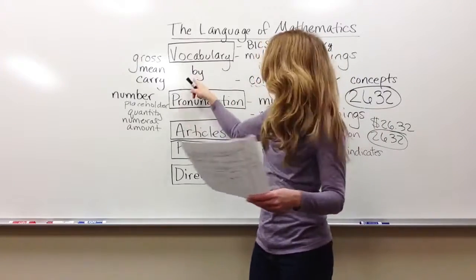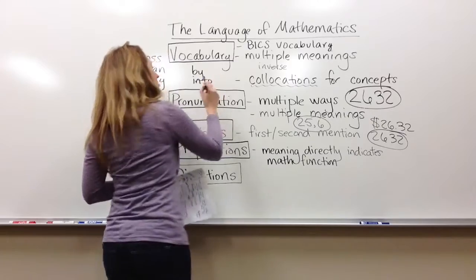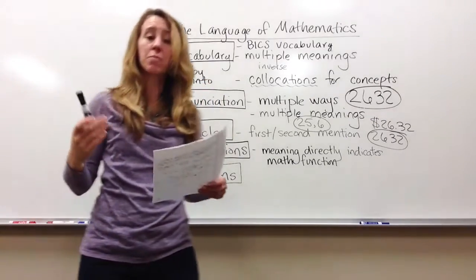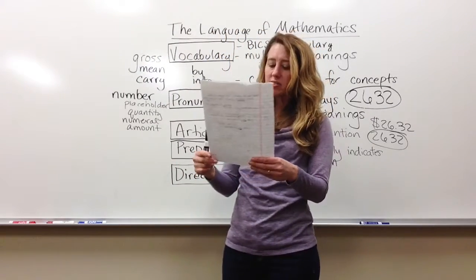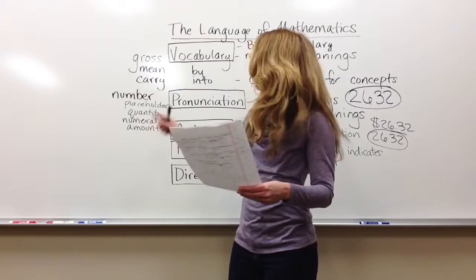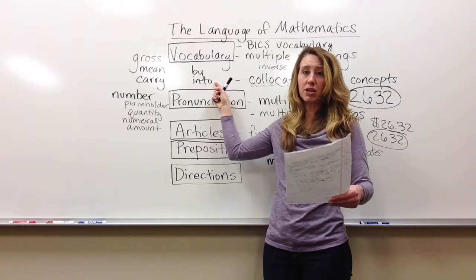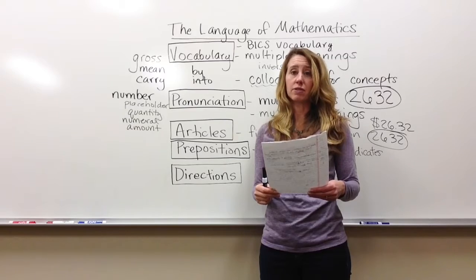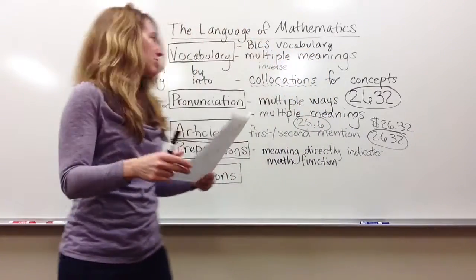Now let me change it a little bit. I'm going to switch out by for into. Now this is a less prevalent thing. We don't hear it very much in math, but you might. What is 6 divided into 3? Hopefully you came to the conclusion it's 1/2. 6 divided into 3.